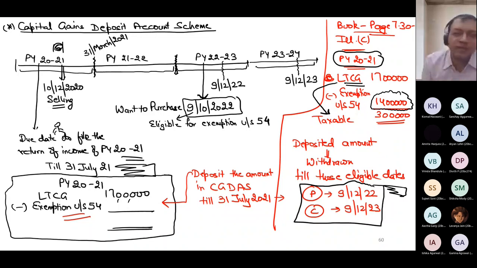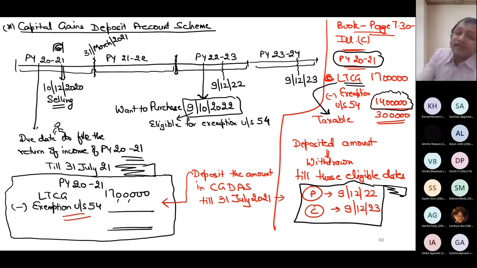Logically, on which date does the unutilized amount become taxable?